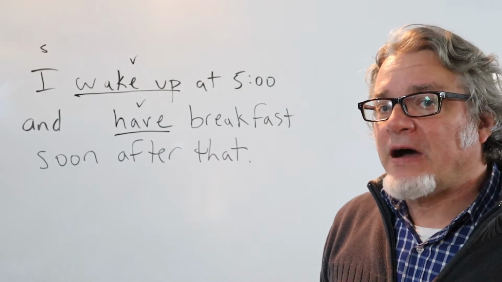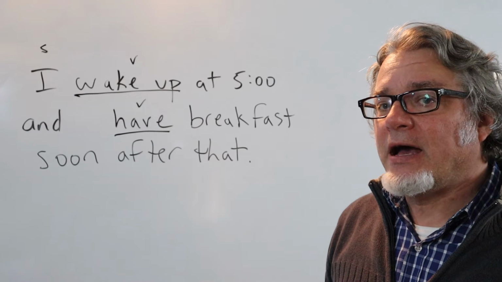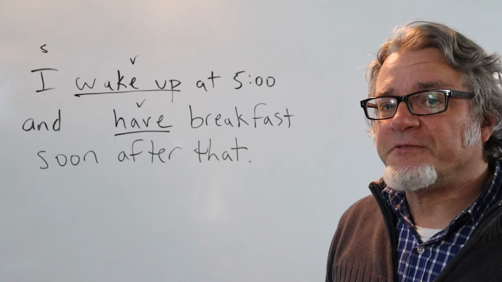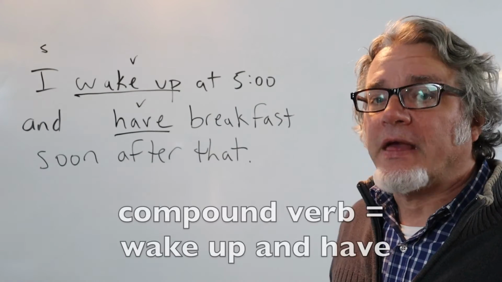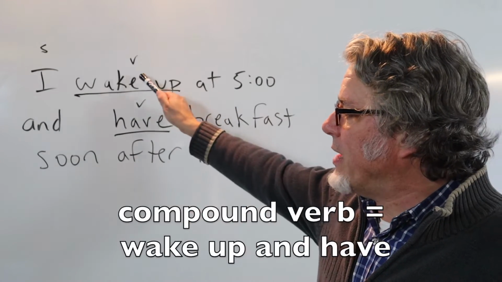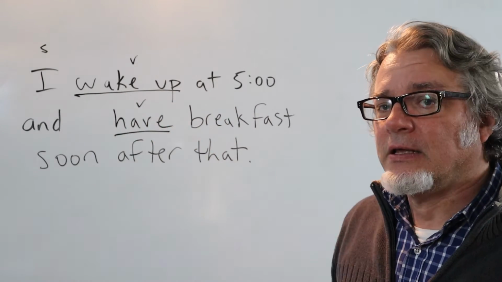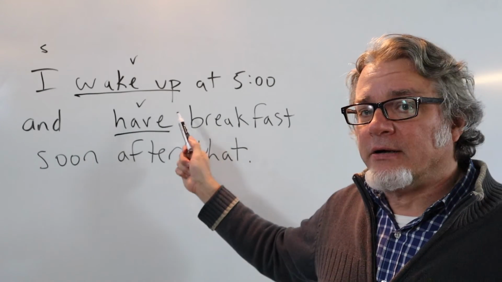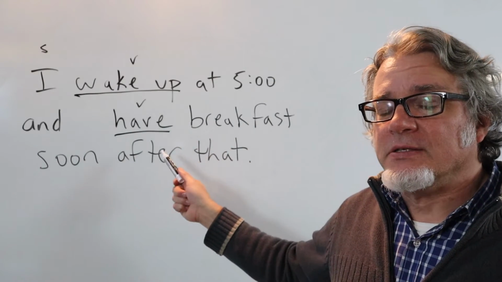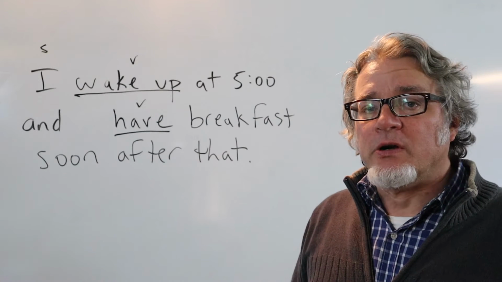I wake up at 5 o'clock and have breakfast soon after that. The compound verb is wake up and have. This sounds a little better than the previous sentence, and it's shorter.